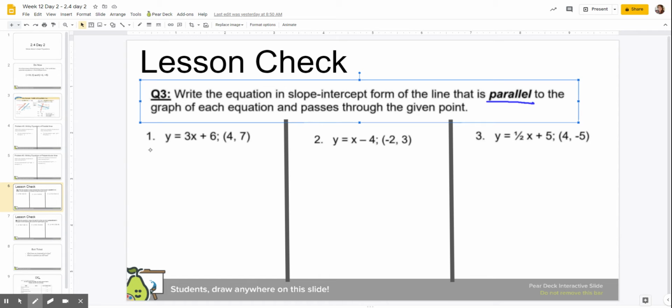So if we look at the first example, number 1, we see that we're given an equation y equals 3x plus 6 and a point of 4, 7.